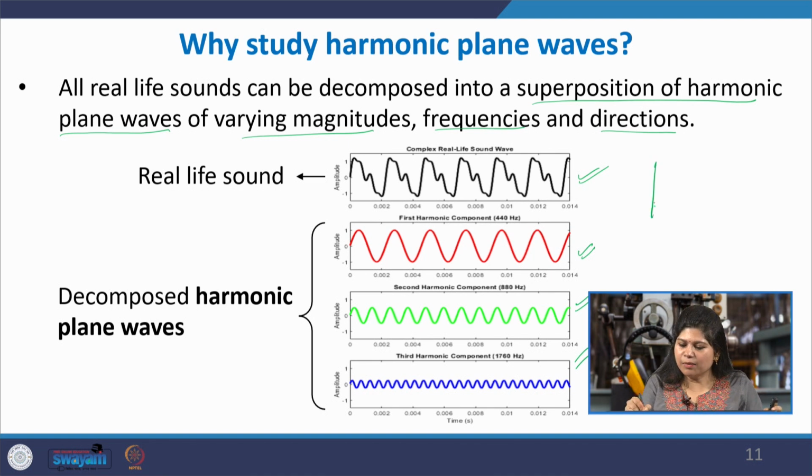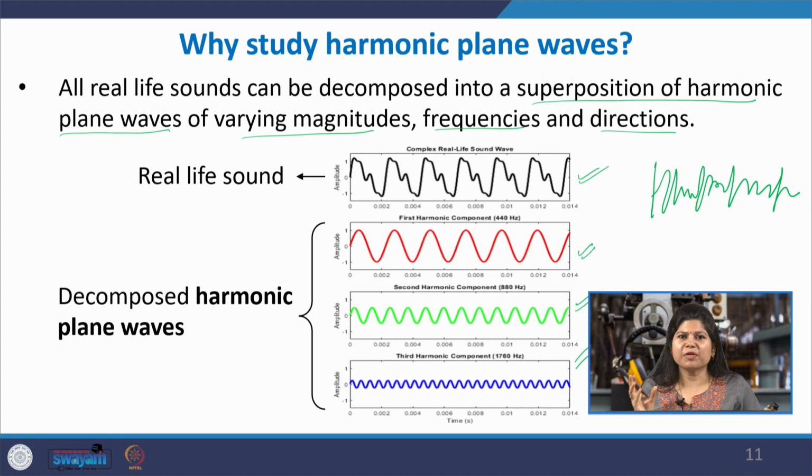Even very random waves which may be non-periodic in nature can, by virtue of Fourier's theorem, still be decomposed into a summation of harmonic components, each of which can be represented as a simple harmonic plane wave.